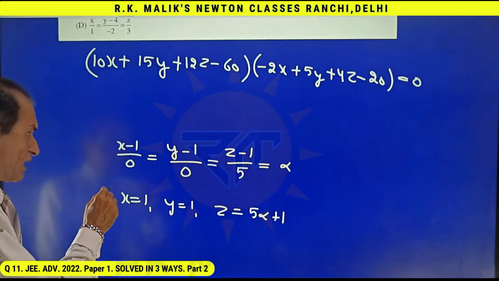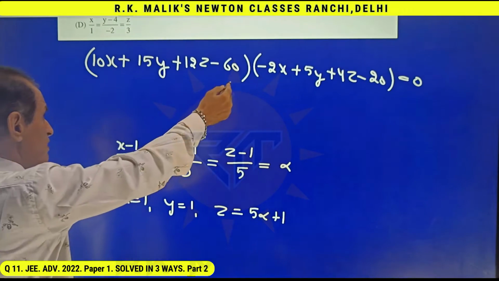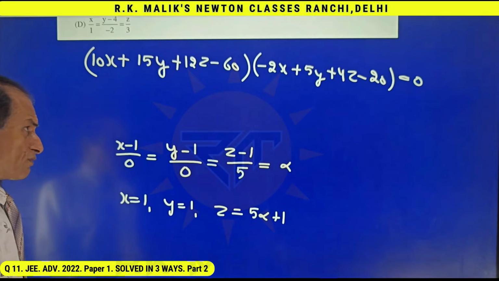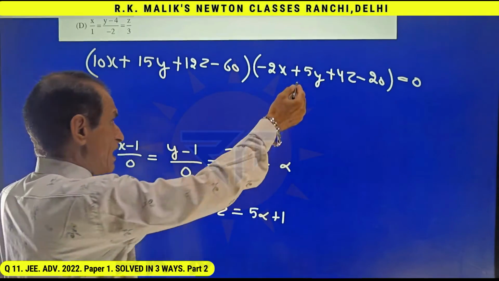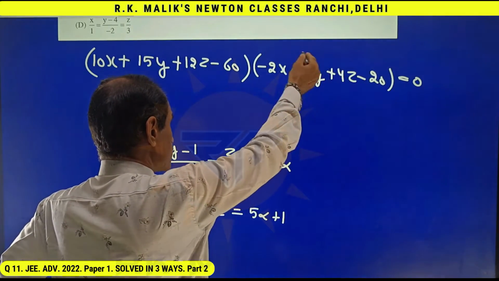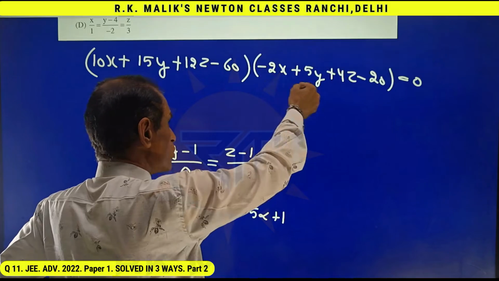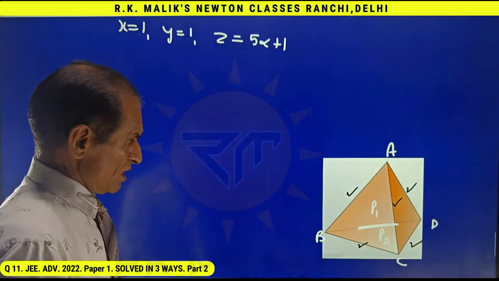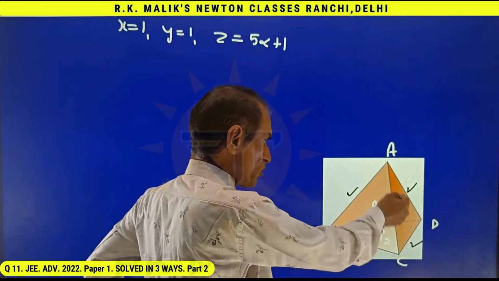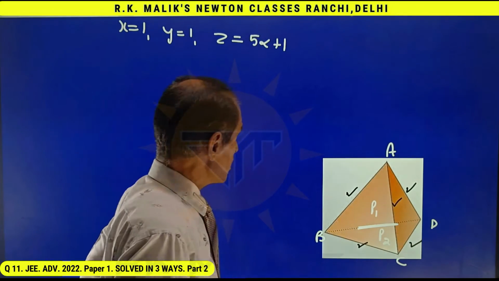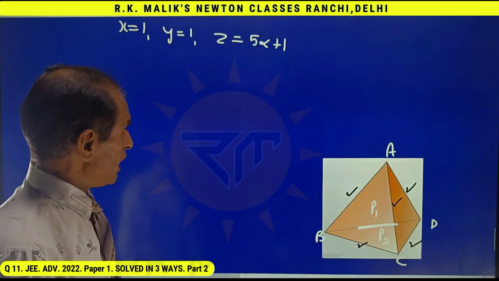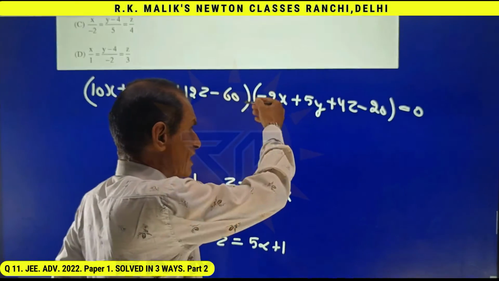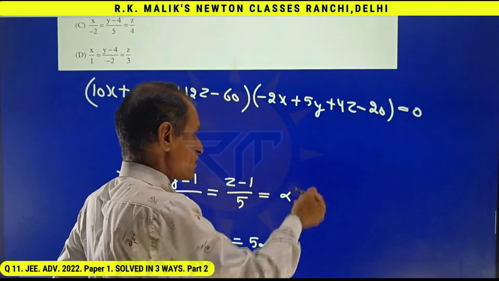Listen to the statement I'm going to tell you now. If this part is satisfied for every value of alpha and this part is satisfied only for one value of alpha, it will mean that this line is of the type AB or AD, and the value of alpha I get from this part.